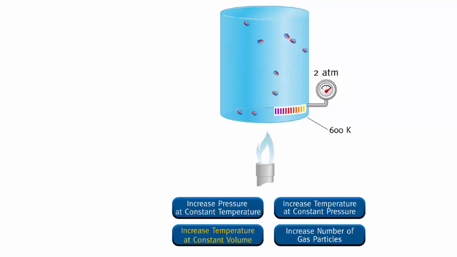Pressure for a fixed amount of gas at constant volume is directly proportional to the temperature. Note that as temperature is doubled at constant volume, the pressure exerted by the gas is doubled. When the Bunsen burner is removed, the temperature of the gas decreases. The average velocity of the gas particles decreases, thereby the frequency and intensity of collisions of gas particles with the container walls decrease. Pressure for a fixed amount of gas at constant volume is directly proportional to the temperature.